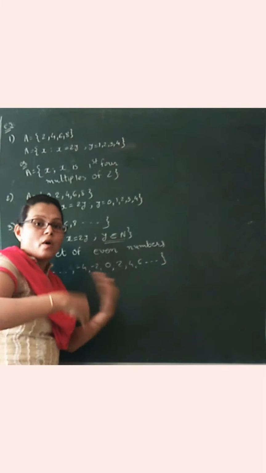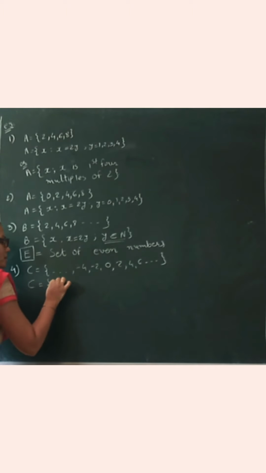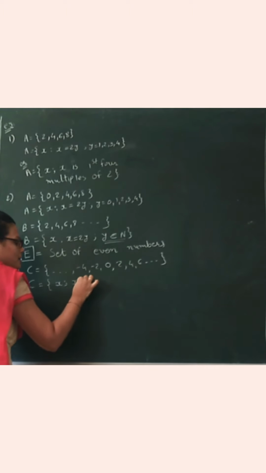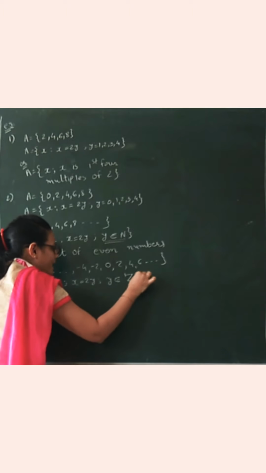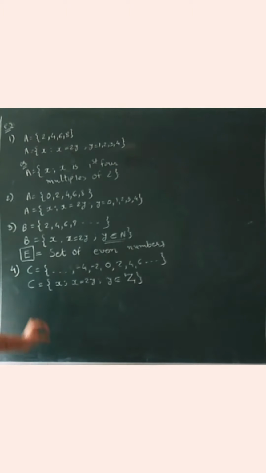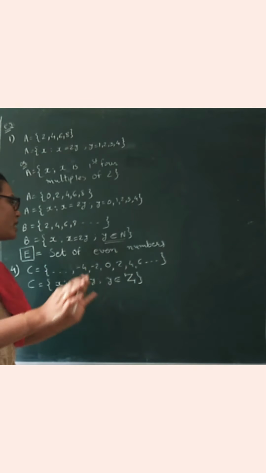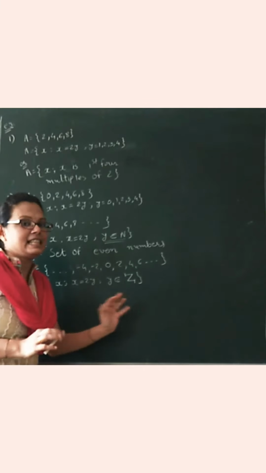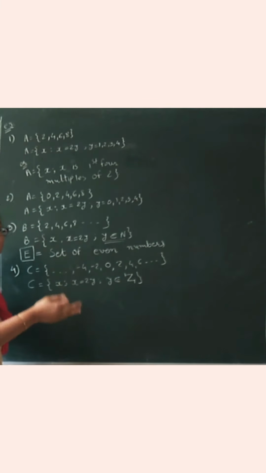So now I am going to write in another way like this, x where x is equal to 2y, y belongs to Z. Okay, so now I am not talking about even numbers, but I am talking about even integers. Because these all are even integers.